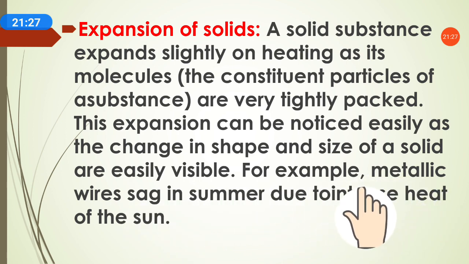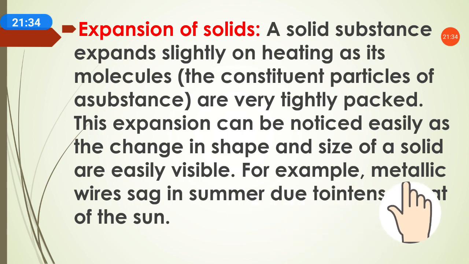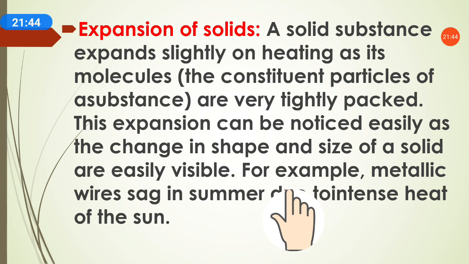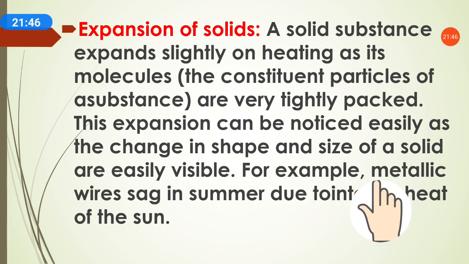On our terrace, at our homes, we put wires to dry clothes. Because of the summer season, this metallic wire sags, meaning it becomes loose. Some we put tightly on the two ends, on the two hangers, and after the summer season, because of the heat, the wires become loose, meaning they sag. This is an example of expansion of solids.